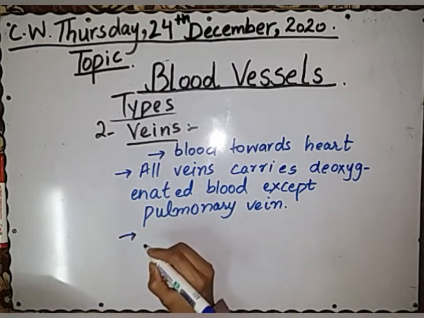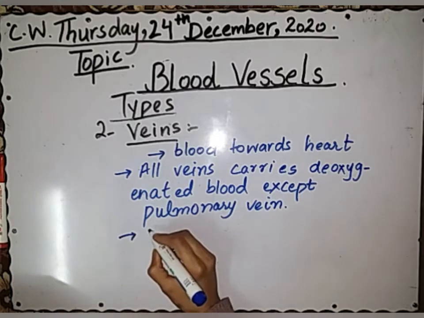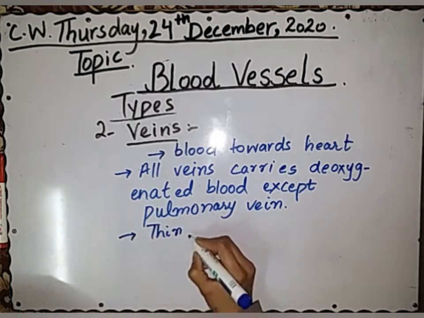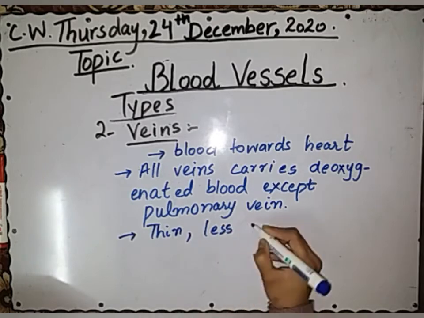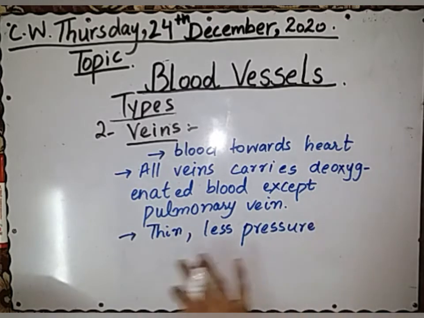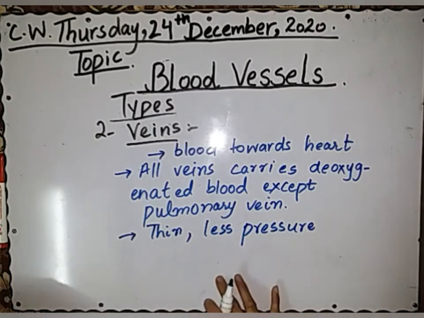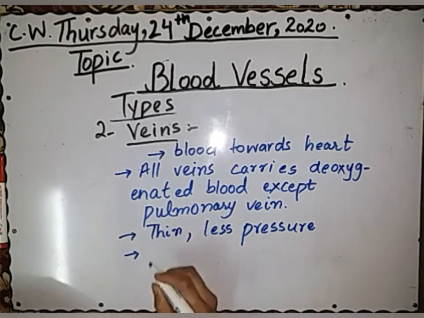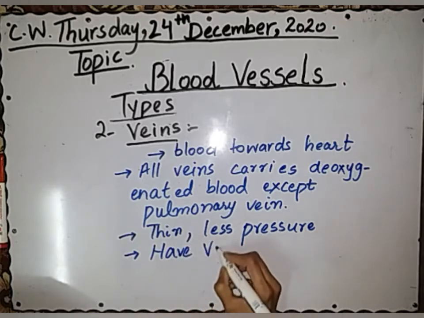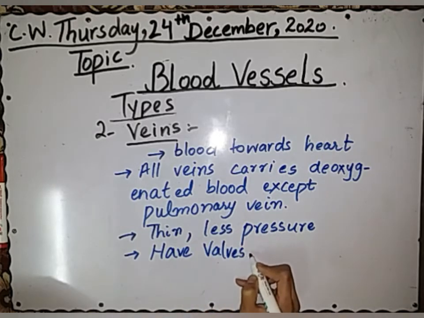The next point of veins is that the walls of the veins are thin and exert less pressure, because they contain deoxygenated blood moving towards the heart. Next, the walls of the veins have valves which prevent the backflow of the blood.